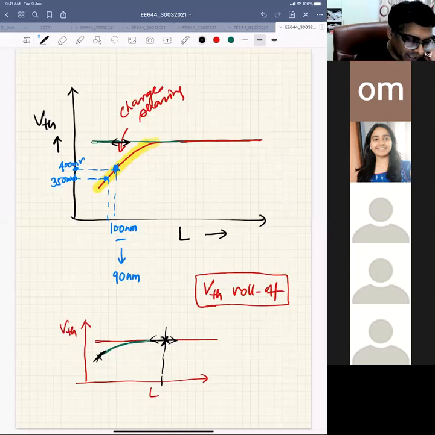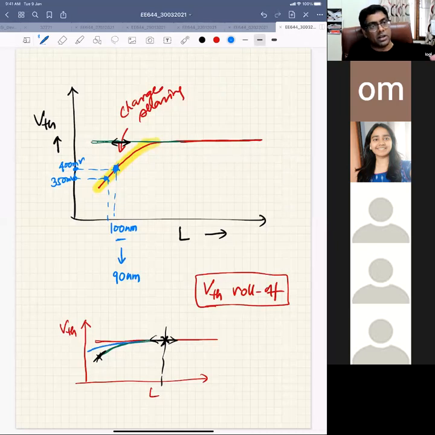So to avoid that, as I told you, you use halo doping and other things. When you use halo doping, you could correct it a little bit. You cannot really make it better, but you could reduce the roll off a bit. So a little bit of reduction in roll off also improves the transistor behavior.